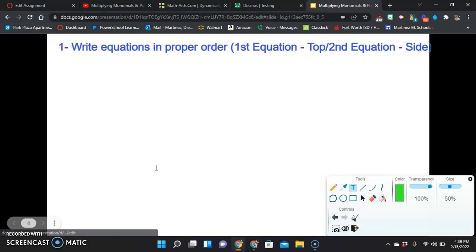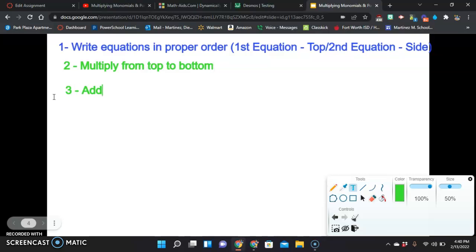Sorry for this. Number 2 is multiply from top to bottom as I showed you. Number 3 is going to be add the two numbers that I showed you, and lastly, and most importantly, write the new equation. And those are the 4 simple steps.